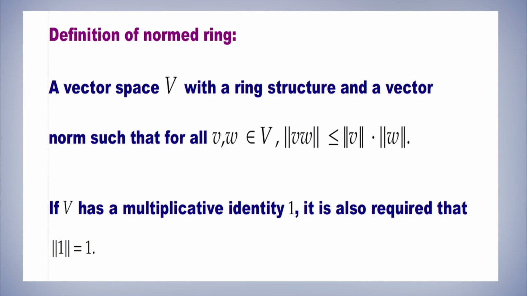The next definition is for normed ring: a vector space with a ring structure and a vector norm such that for all v, w in V, the norm of vw is less than or equal to the norm of v times the norm of w. If V has a multiplicative identity 1, it is also required that the norm of 1 is equal to 1.